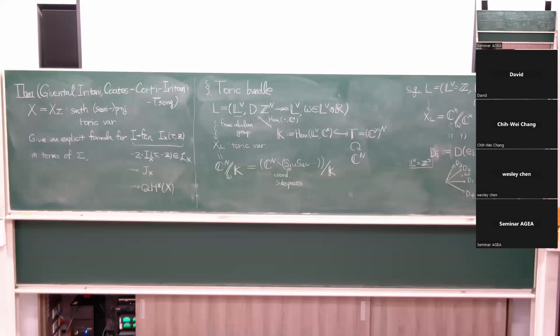So in this case, we should remove the coordinate subspace generated by the first and fourth basis vectors, and also remove the coordinate subspace generated by these two.